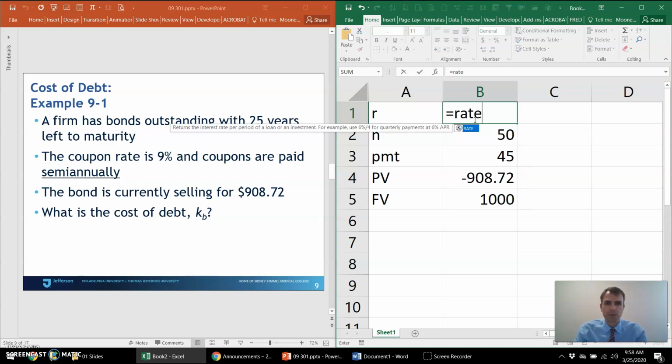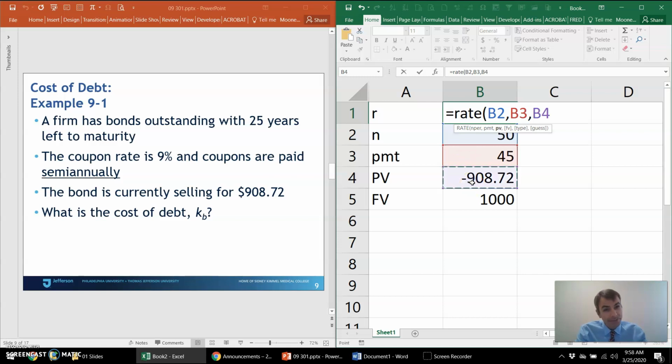But let's see. Equals rate is a function of the number of periods, all these things separated by commas: coupon payment, 45; the price, negative $908.72. Present values go in as negative numbers in Excel. And then the future value, the face value, is always 1,000. So what I've got now will give us a semi-annual discount rate.